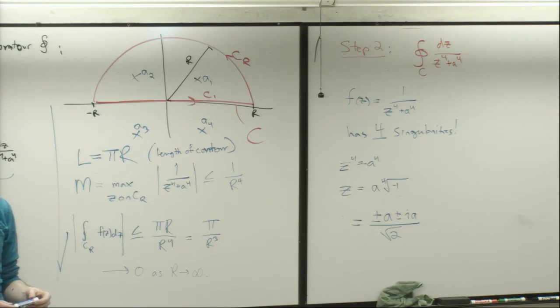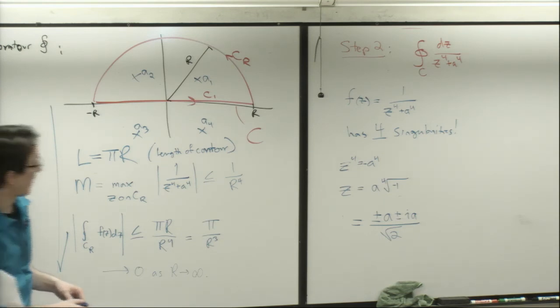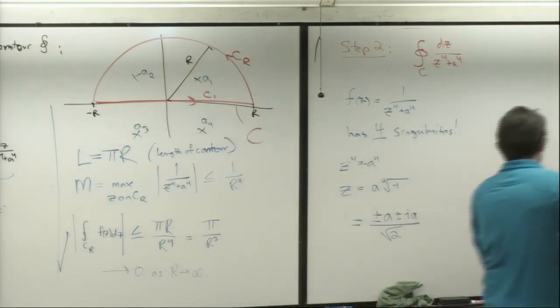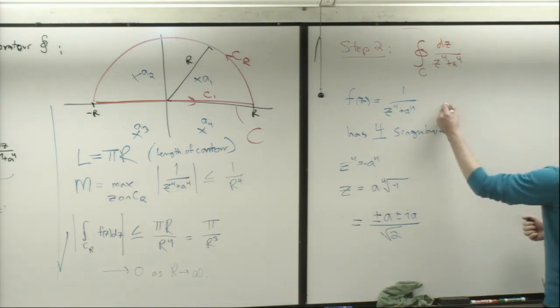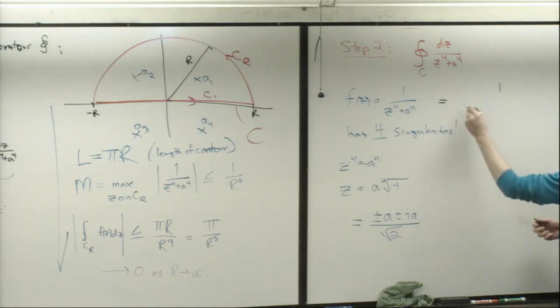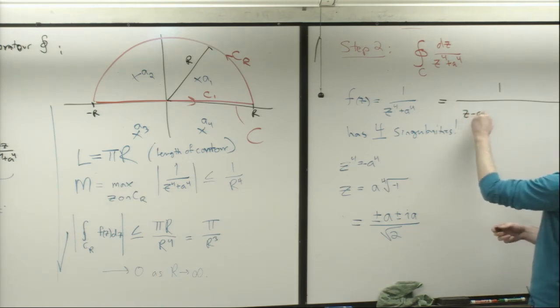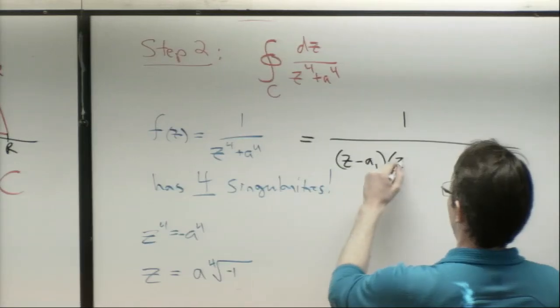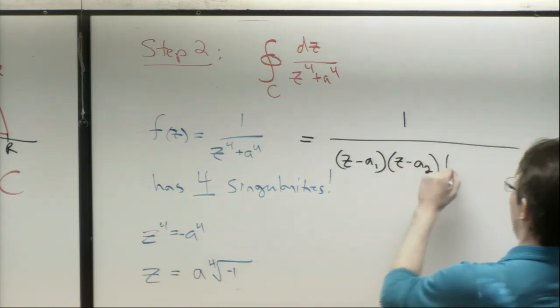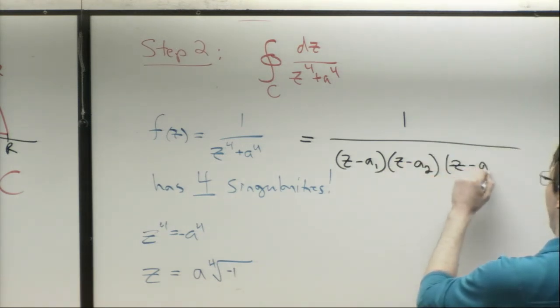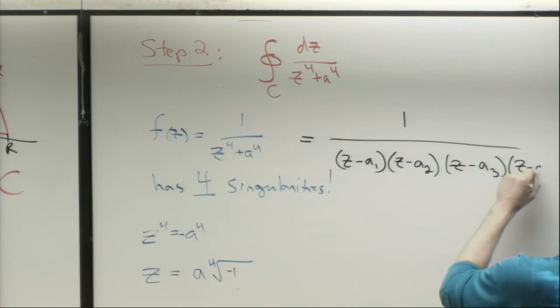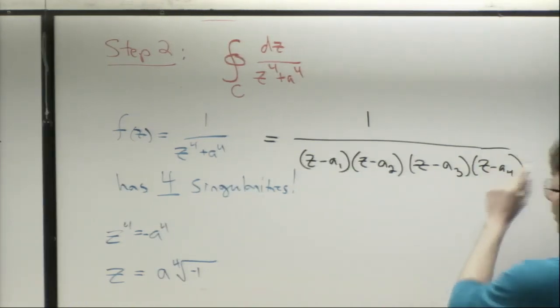Sorry? That as a group of functions around your singularity. Yeah, exactly. I can say that f of z equals, this is getting just nastier and nastier. I have z minus a1 times z minus a2 times z minus a3 times z minus a4. That's f.